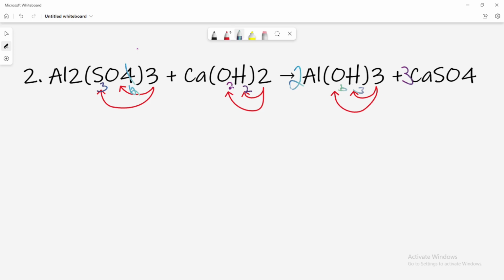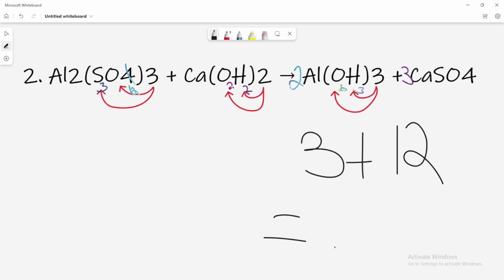So again, we got 14 from here because 12 plus 2, and now we got this 3 to 3. So the oxygen here is 3 plus coefficient inclusion. So we got 3 times 4 of the O4 right here. That equates to 12. So that is 15. This is 14 and this is 15 oxygen molecules.